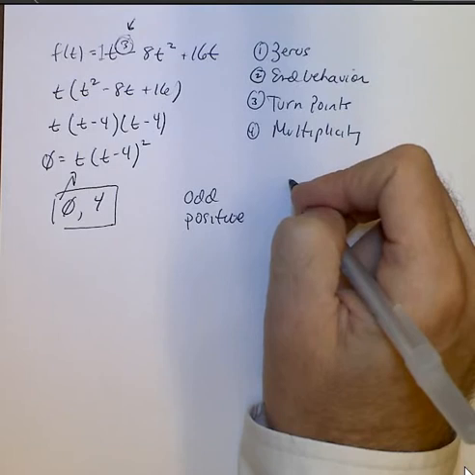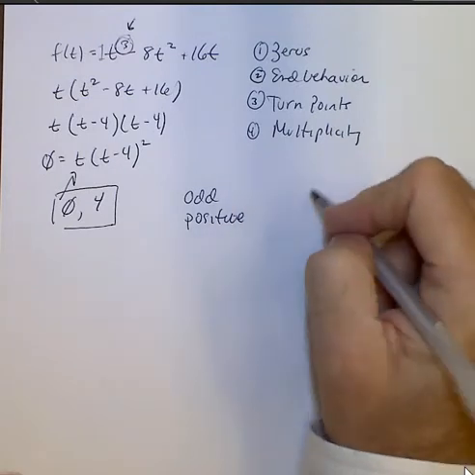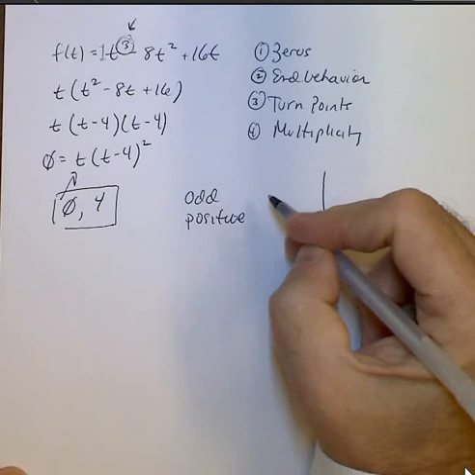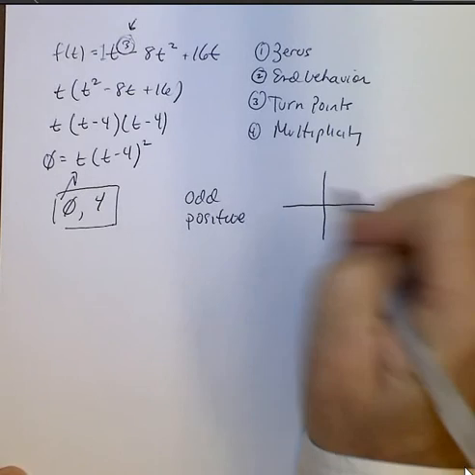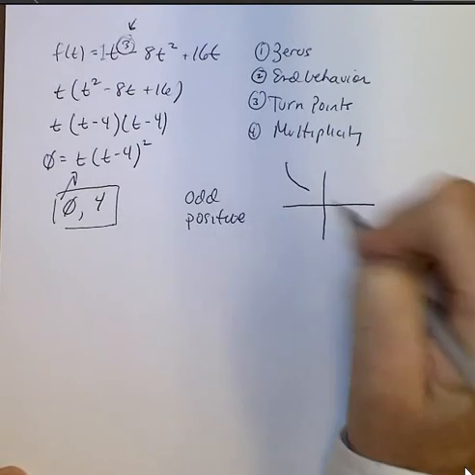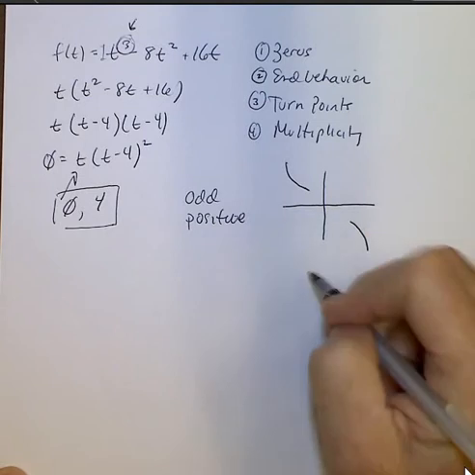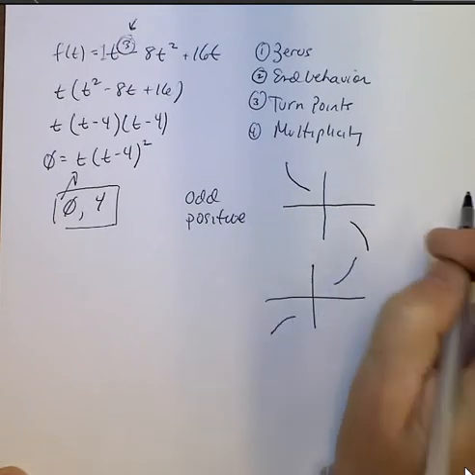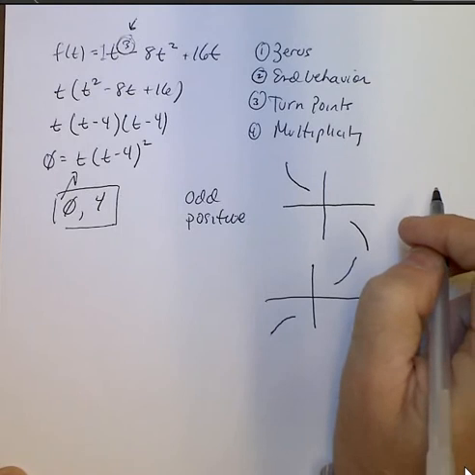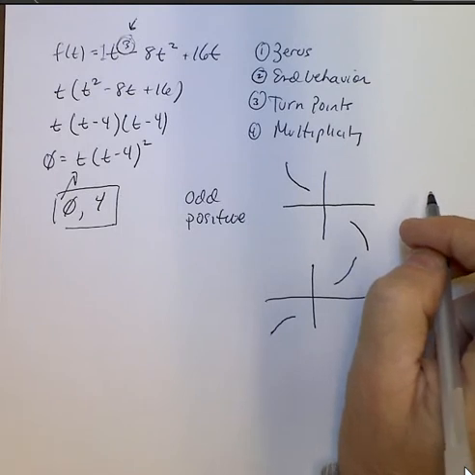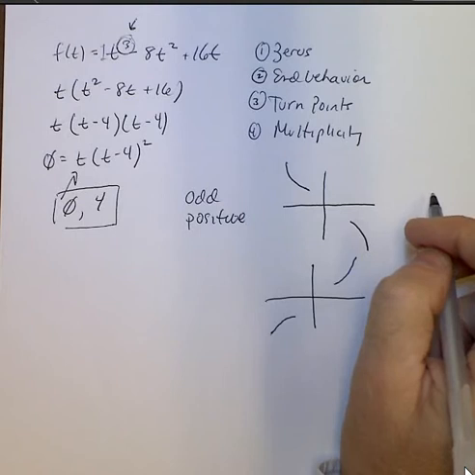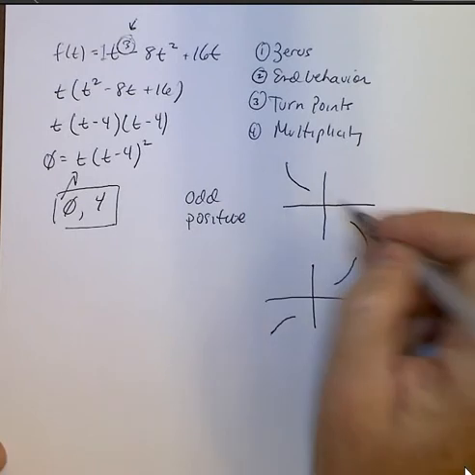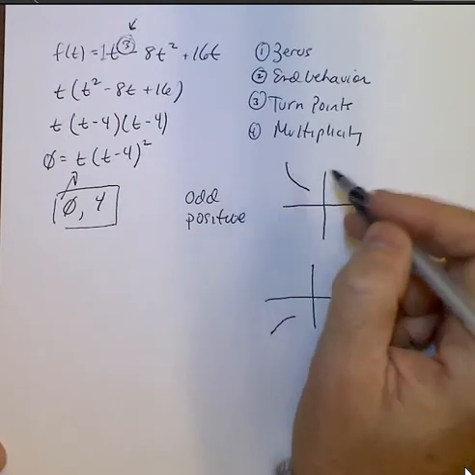When that happens, there are two different scenarios for odd. One starts like this and ends like this, and the other one starts like this and ends like this. You have a table that's going to tell you which of these it actually is, and I'll let you go back to your notes and your handout to determine which of the two it is.